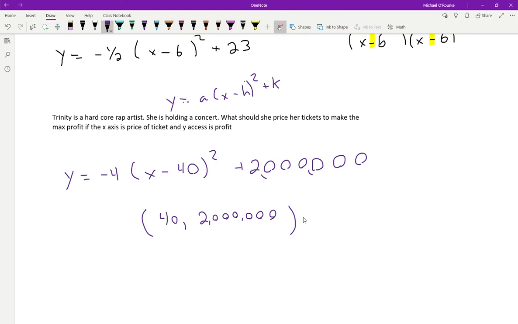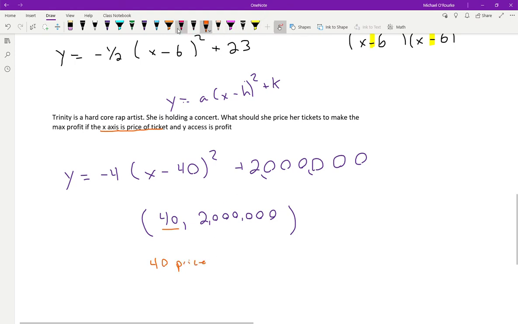So the question here is, what's the best price that she can sell her ticket for? Right? This here x-axis, right, is the price of the ticket. Right? So $40 price.